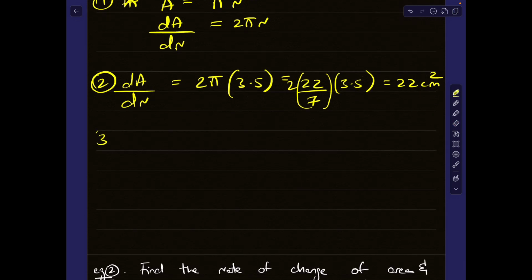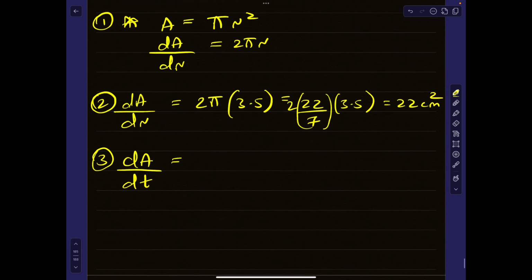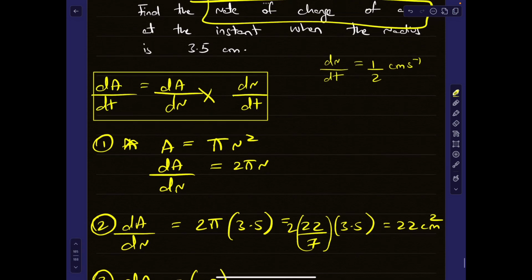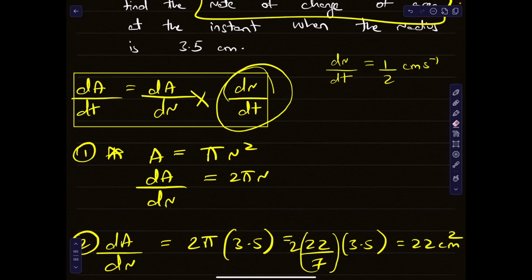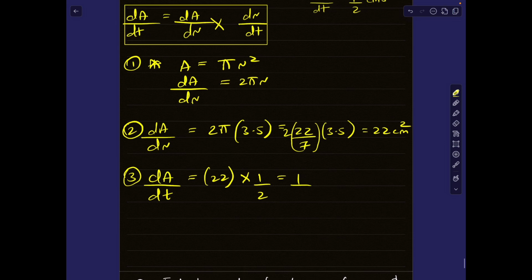And then I need to find the rate of change of area. I'll do that using the chain rule I formed. So first of all, dA over dr is 22. I'll substitute that. Then dr over dt, that is rate of change of radius, is half centimeter per second, and thus we'll end up having 11 centimeter square per second.